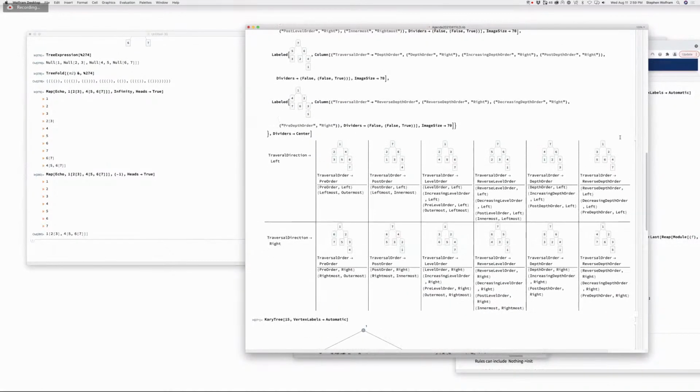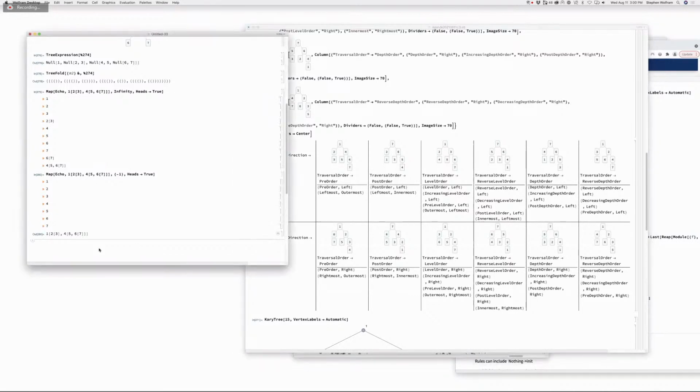Okay, but what I'm suggesting is, like under level order, I have pre-level order left as another option. So here using pre to mean start at the root and post meaning end at the root. I understand.